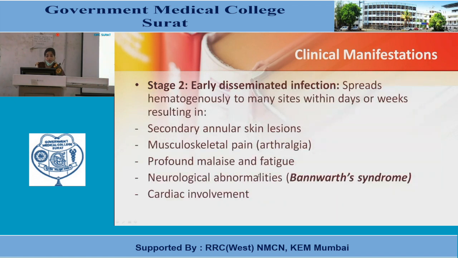Stage 2 is early disseminated infection, spreading hematogenously to many sites within days or weeks, resulting in secondary annular skin lesions. Musculoskeletal pain and arthralgia can be present. Profound malaise and fatigue and neurological abnormalities, such as Bannwarth syndrome. Over here, encephalitis and meningitis can be seen, and cardiac involvement is there.